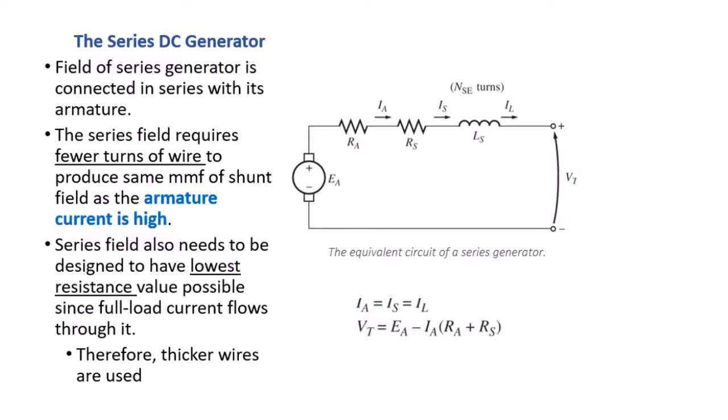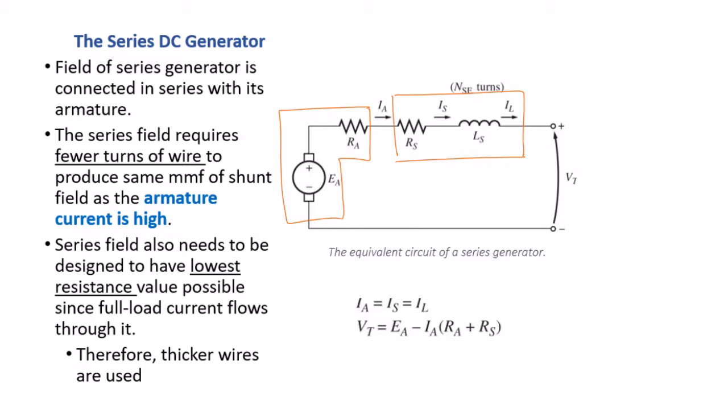You can see from the equivalent circuit here, the field circuit, which is this, is connected in series with the armature, which is different from the shunt, where they are connected in parallel. The series field requires fewer turns of wire to produce the same MMF as the shunt field, because the armature current is high. Let me try to explain a bit more on this.